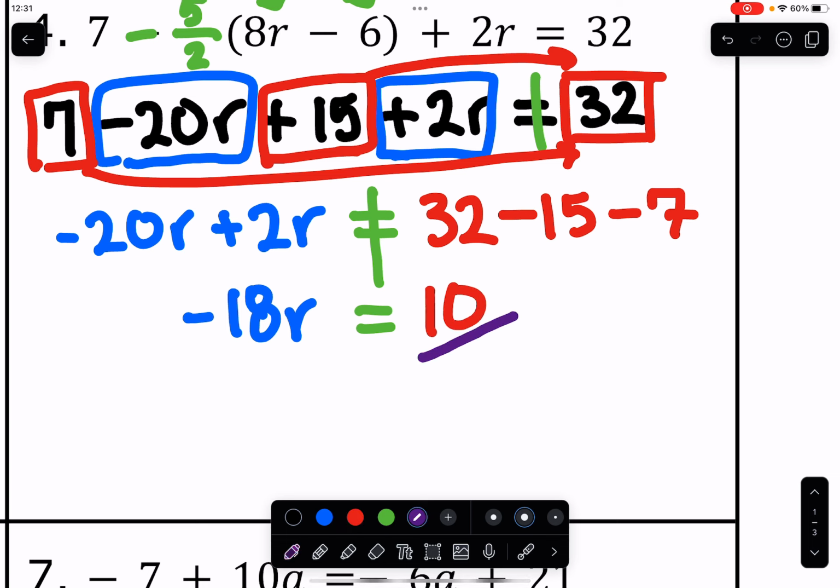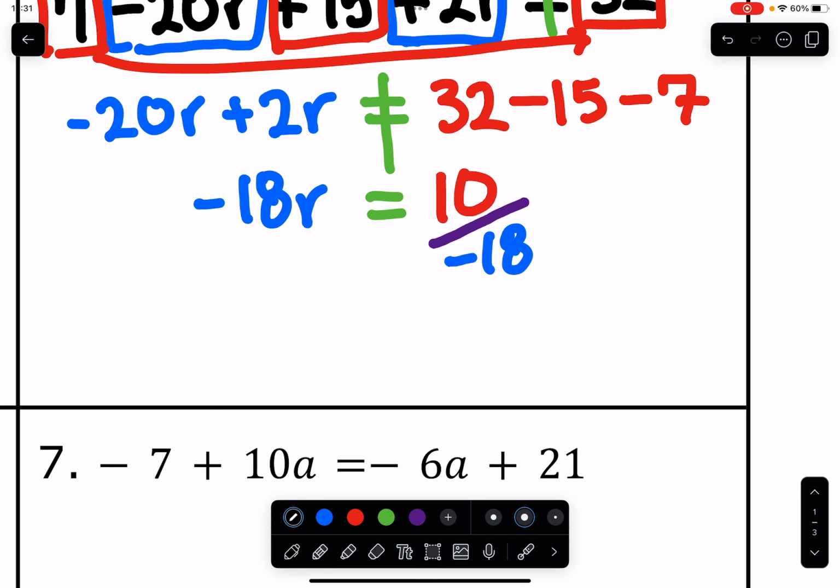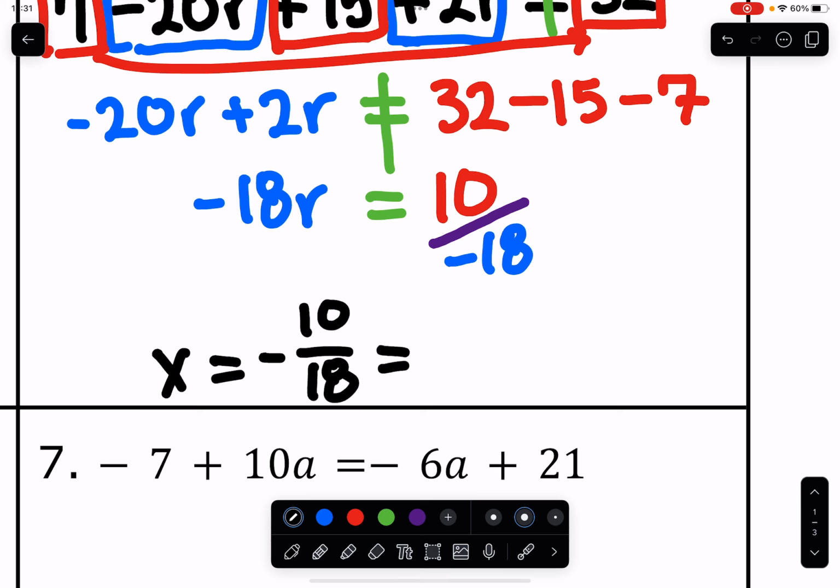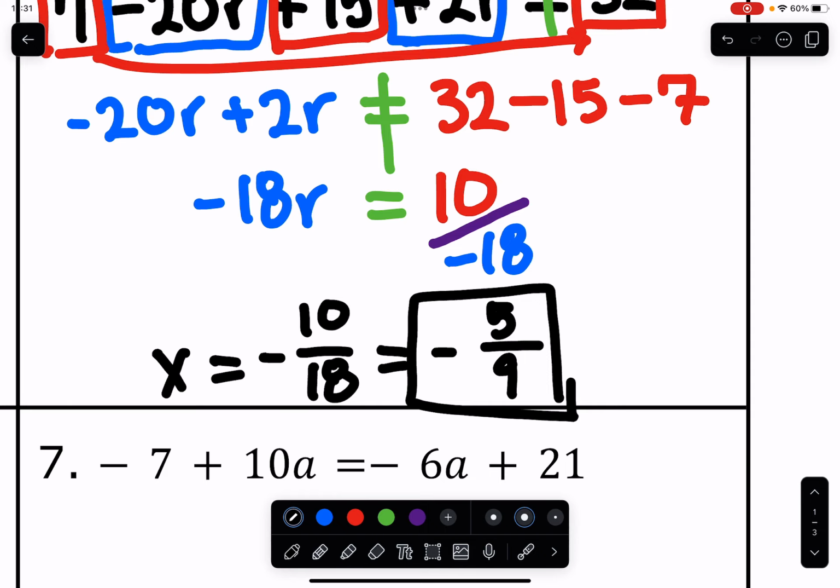Now we divide by that negative 18. That constant of 10 gets divided by the negative 18, and we have our answer. So x equals negative 10 over 18, which simplifies to negative 5 over 9. So here's your solution. X equals negative 5 over 9.